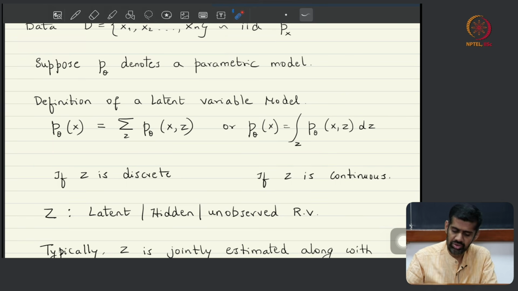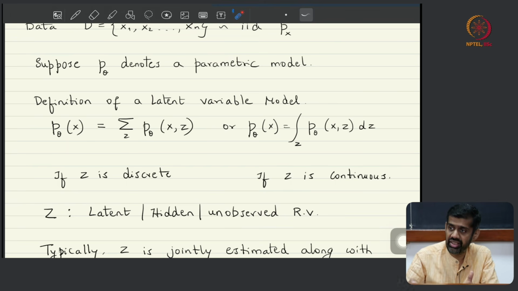The definition goes as follows: if you define a model as the marginal between the observed data variable and another auxiliary variable that the model incorporates, and you define the model distribution p theta of x as the marginal over the joint distribution between x, which is the observed data, and z, which is called the hidden representation or hidden variable or latent variable.